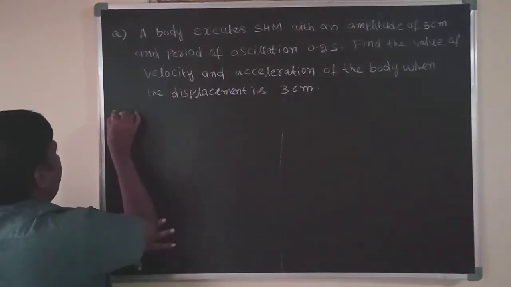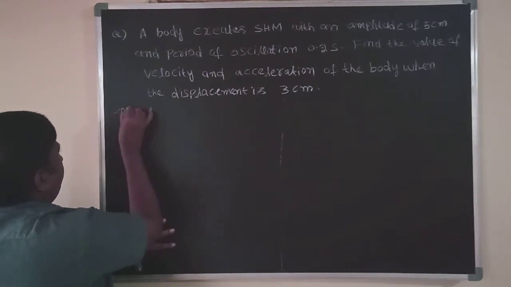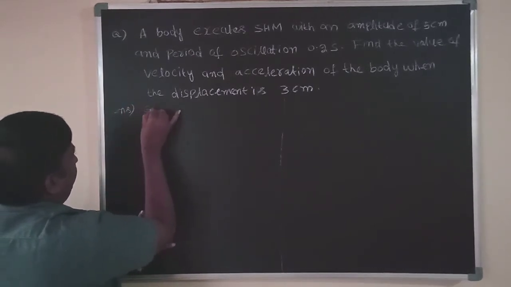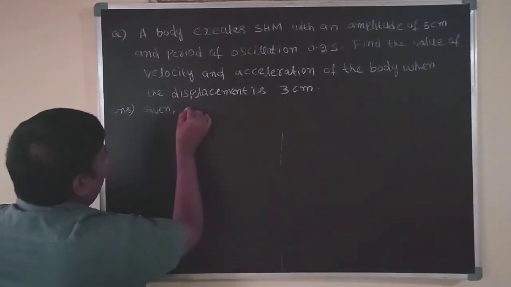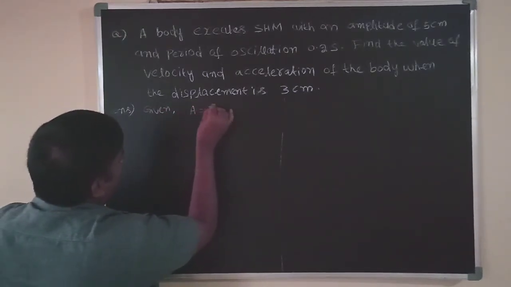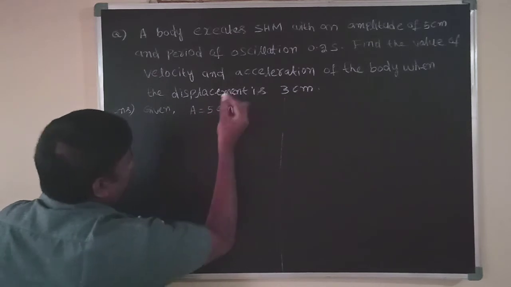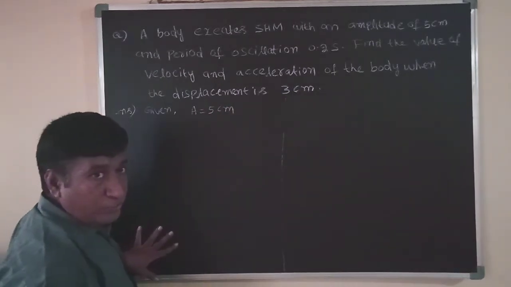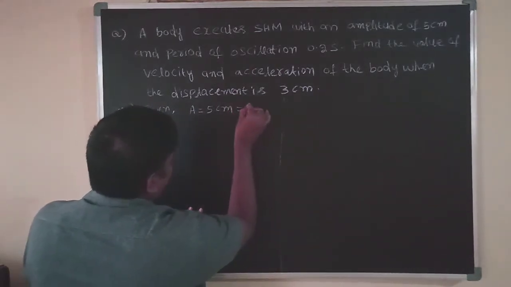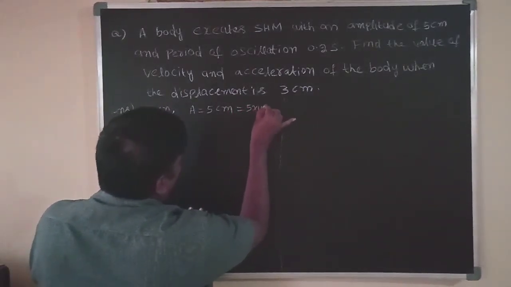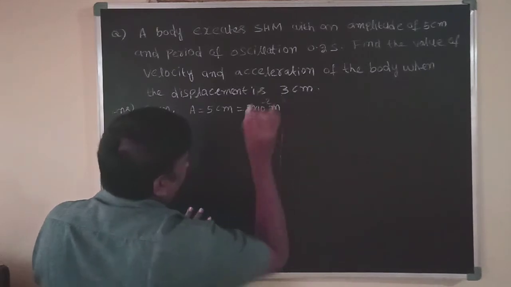Answer: given, the amplitude A equals 5 centimeters. Whenever we are doing numericals, we should follow one system, the SI system, so I take it as 5 into 10 to the power minus 2 meters.